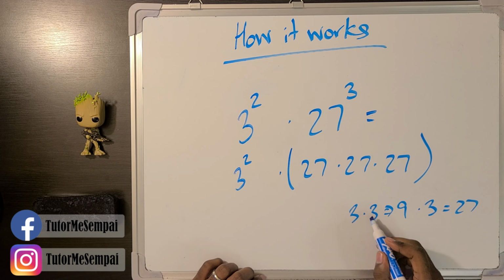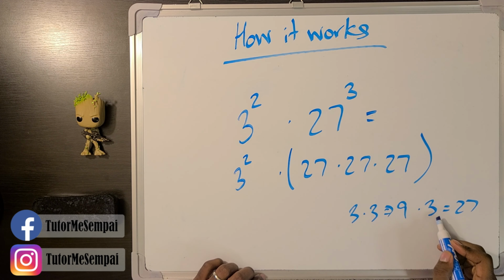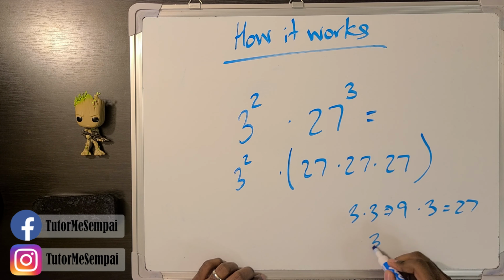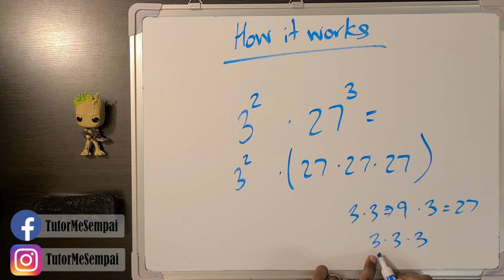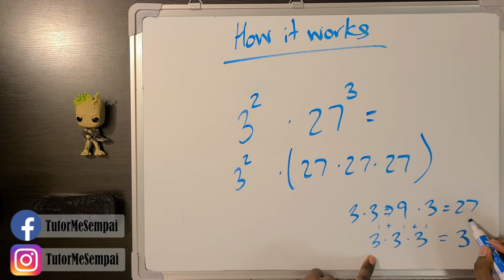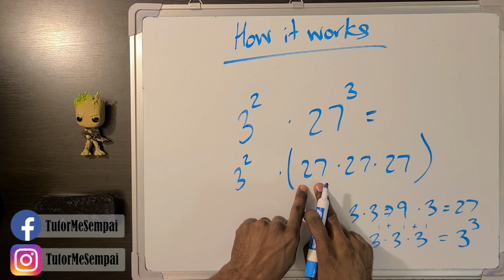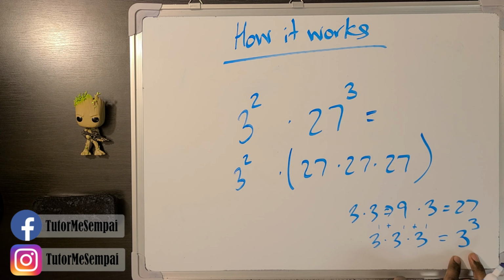So that means you have 3 times 3 times 3 will give you 27. 3 times 3 times 3 is going to be what? Well, like bases, right? They have an exponent of 1 here. So that means you're going to have same base. 3 times 3 times 3 gives us a 3 base. Add across the tops. Cubed.